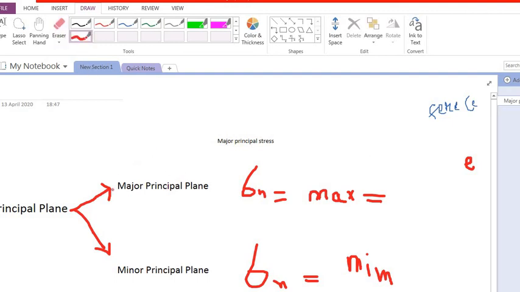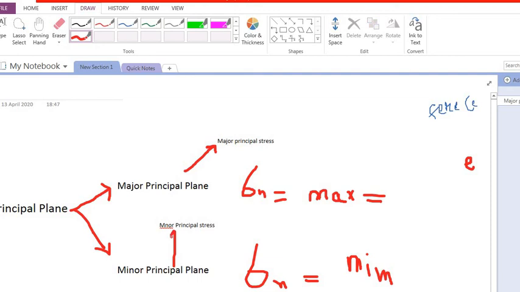The stress which is acting at the major principal plane is called the major principal stress, right? Similarly, the stress which is acting on the minor principal plane is called the minor principal stress, okay.